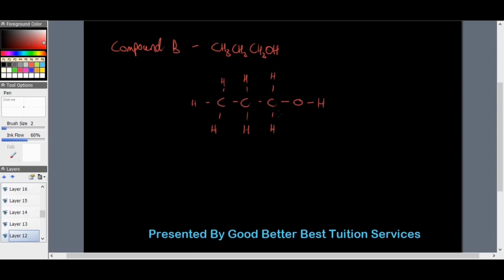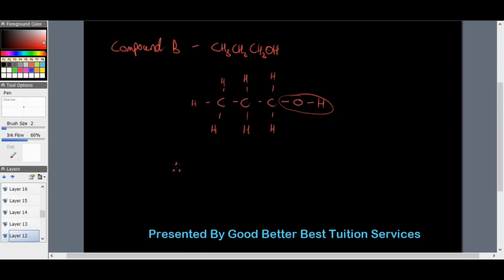So the question again was, to which homologous series does compound B belong? We can see we have the presence of what? An OH, which would be the functional group. So what homologous series does it belong to?